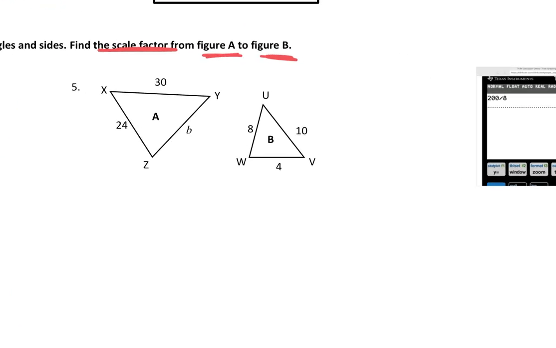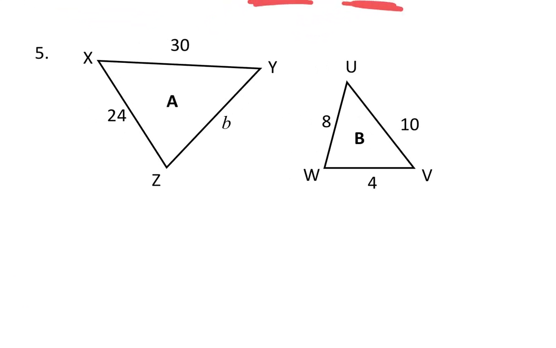This one's just a little bit trickier because one of them is rotated, but I'll just tell you which are the corresponding sides. So I'm going to tell you that XY is the corresponding side to UV, okay? And so the left one is your old, and the right triangle is your new one. So old and new. Okay.